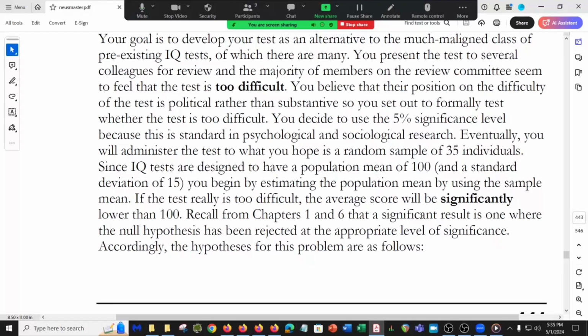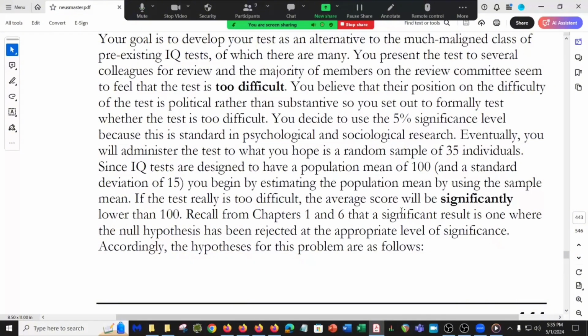If the test really is too difficult, the average score will be significantly lower than 100. Recall that a significant result is one where the null hypothesis has been rejected at the appropriate level of significance.